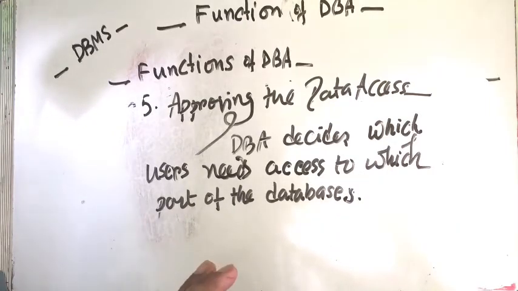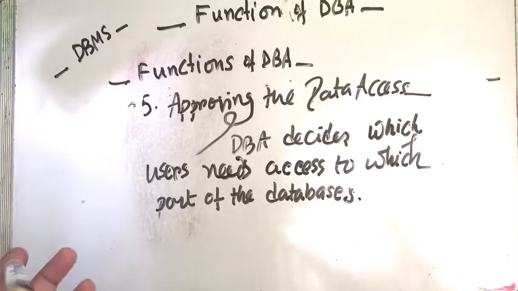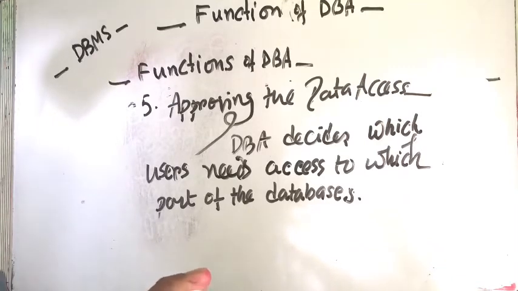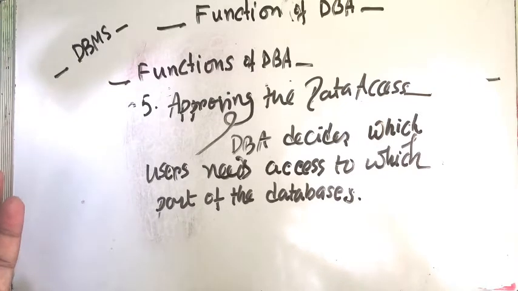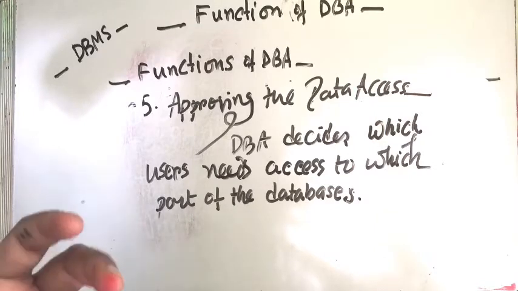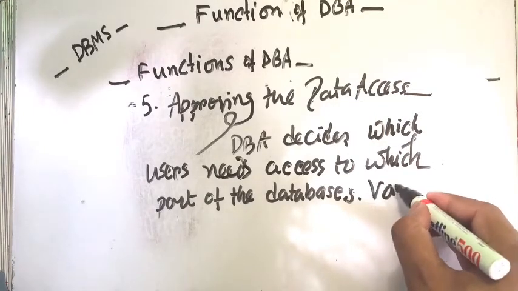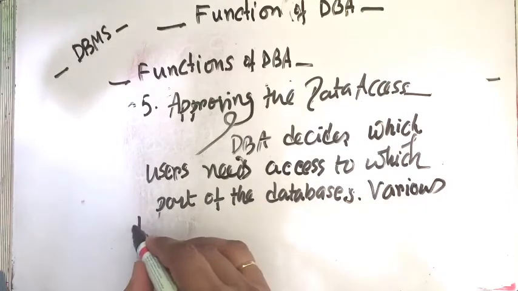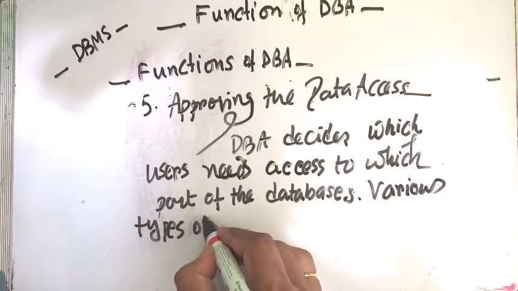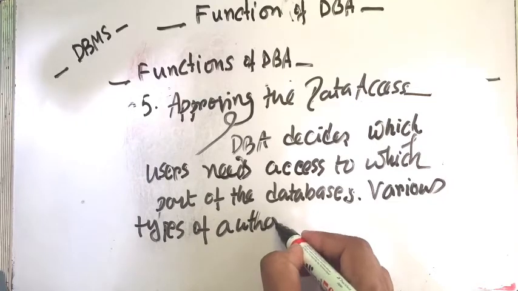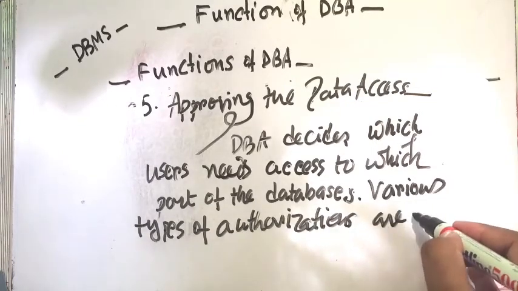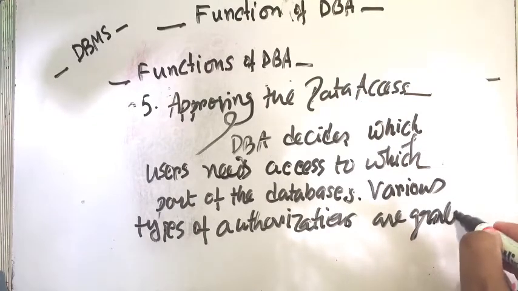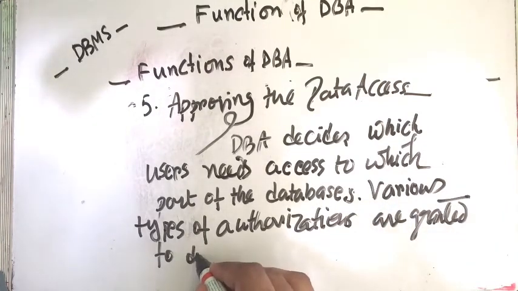So approving the data access, DBA decides which user needs the access to which part of the database. These are the functions of the DBA. Which part is required by which users, and in this way we are providing the authorization. Various types of authorizations are granted to different users.